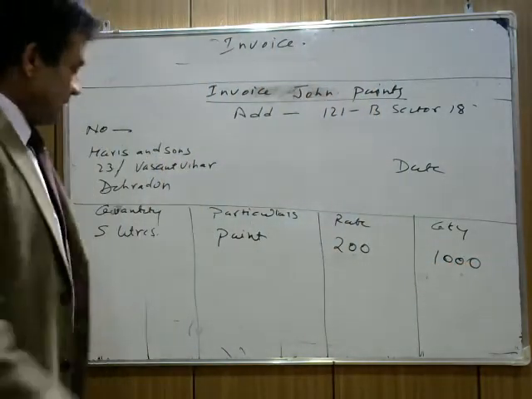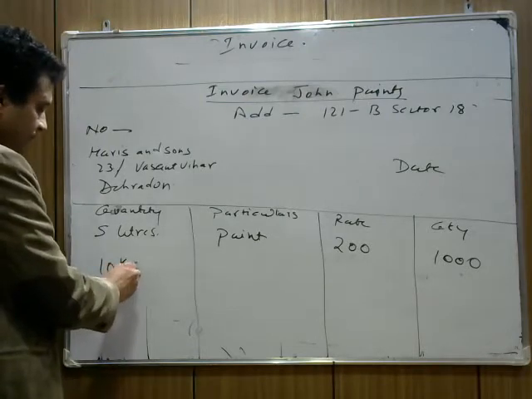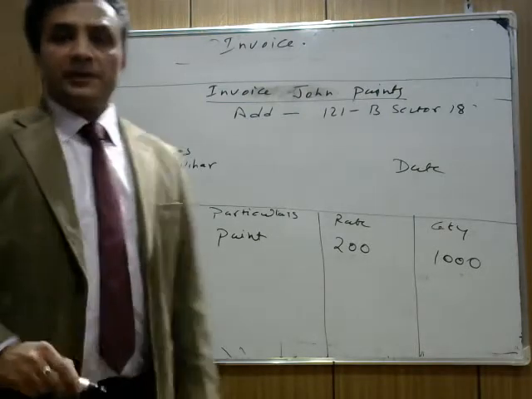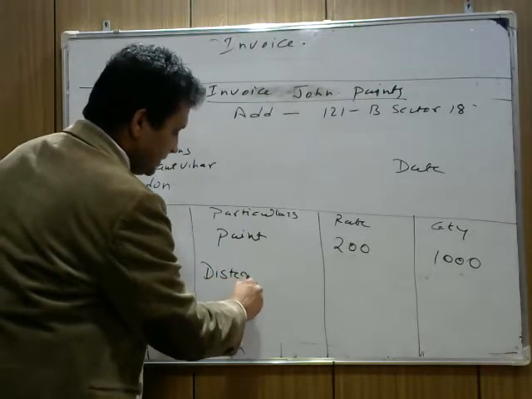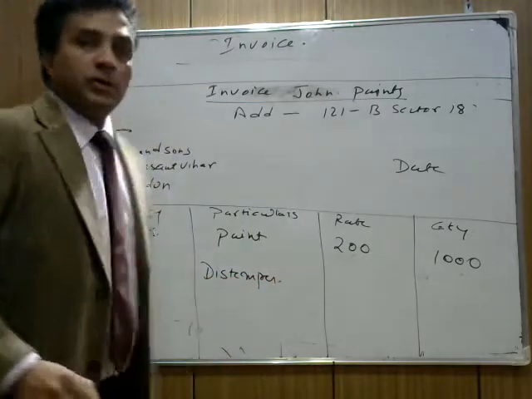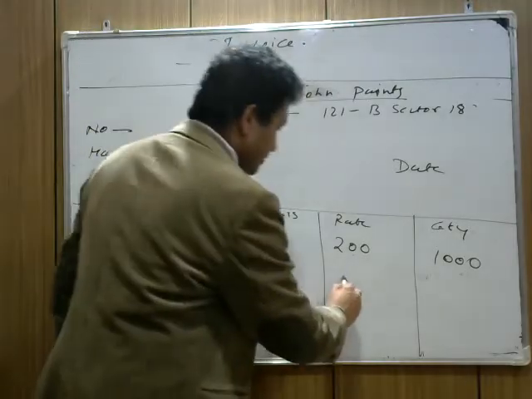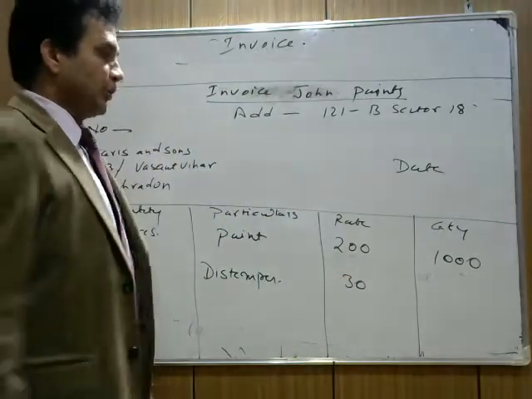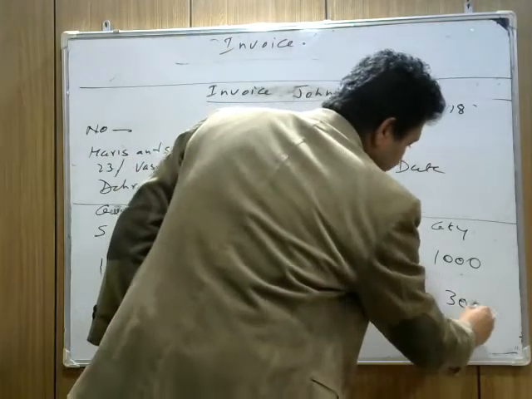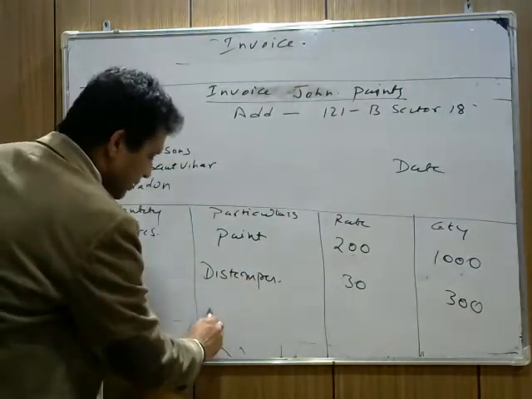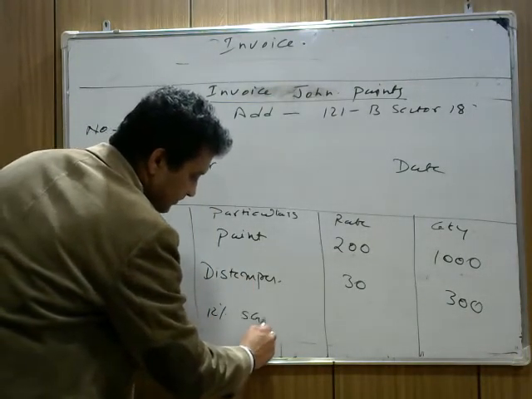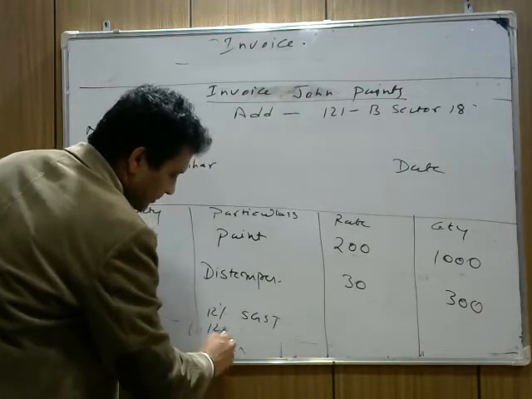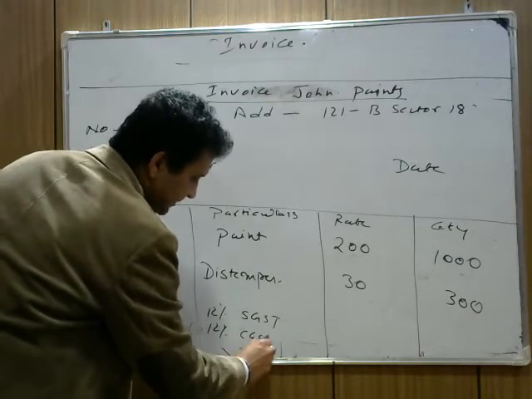Similarly, you purchase 10 kg of distemper. Distemper you get in a paint shop only. The distemper costs us suppose 30 rupees, so you have to pay 300 rupees. Now here they also mention 12% SGST and 12% CGST.